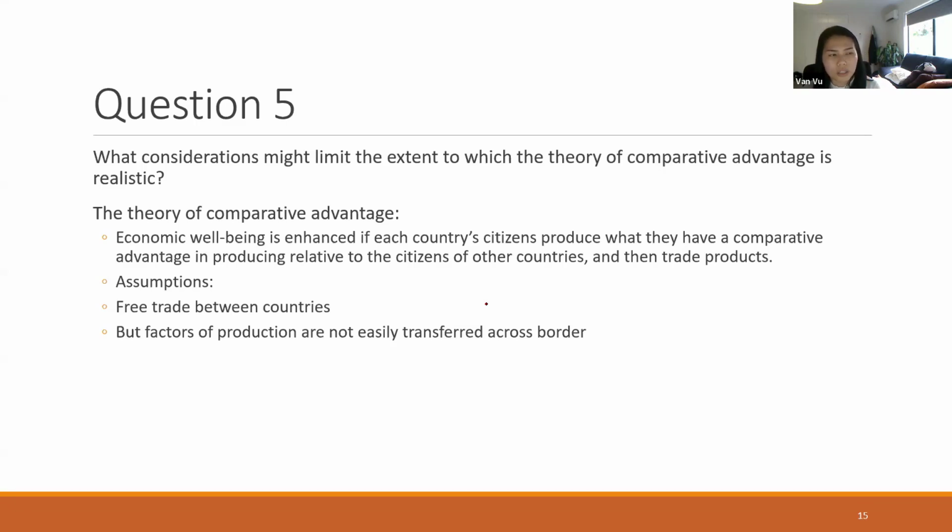So this theory is the foundation for globalization because it argues that countries should trade with each other after they have produced what they are good at. So in Australia, what do you think we are good at? So what is Australia more efficient at? What are the top 3 products that Australia trade with the world?